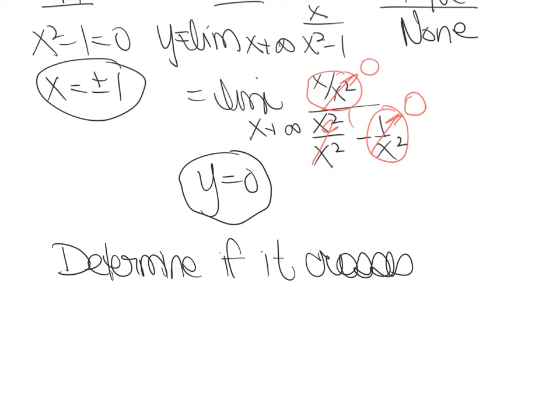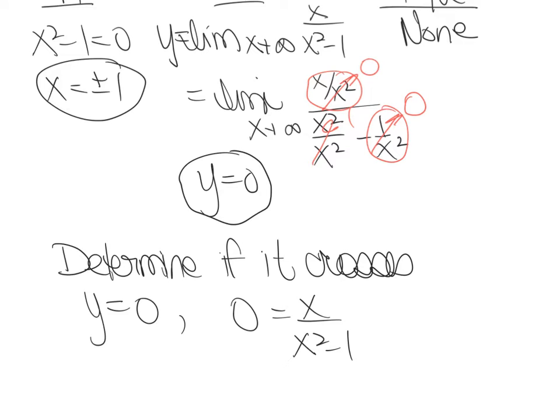In order to do that, we're going to take our horizontal asymptote, which is y equals 0. We're going to plug it back into our original equation. And if we get a value for x, then what that says is, yes, we will indeed cross, and that'll give us the ordered pair at which we cross. So we're going to let 0 be equal to x divided by x squared minus 1.